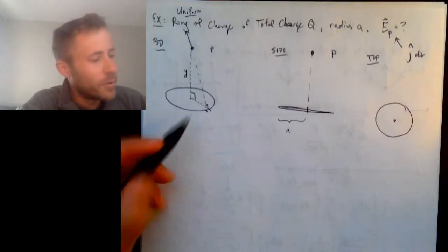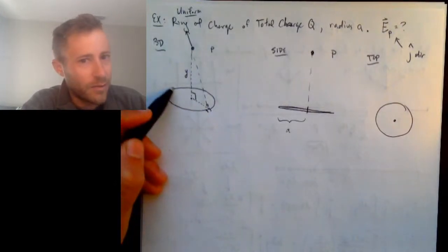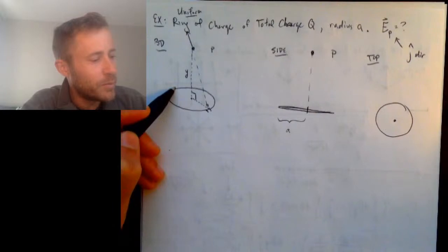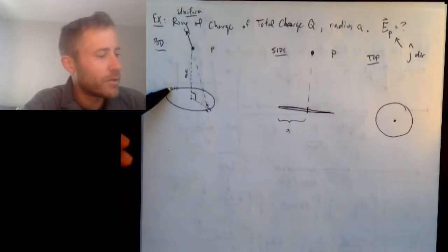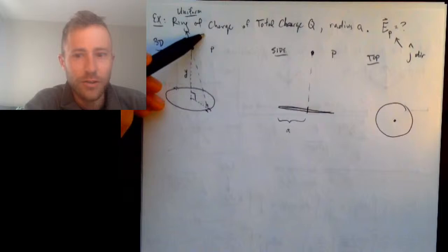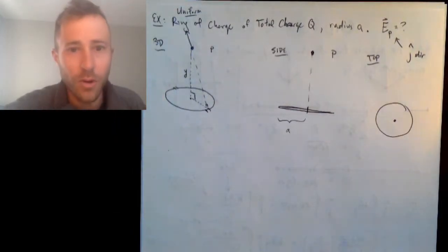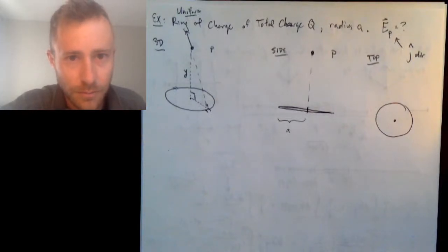But if we look at the opposite side of the circle, there's another piece of charge right here that creates another electric field that goes in that direction. And those two would combine to create a vertical electric field.